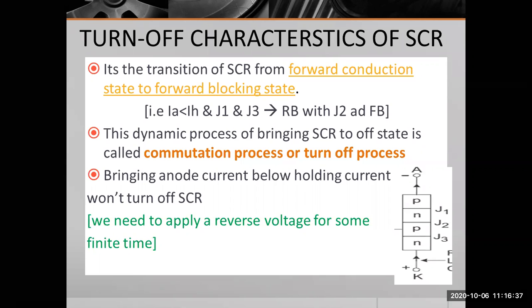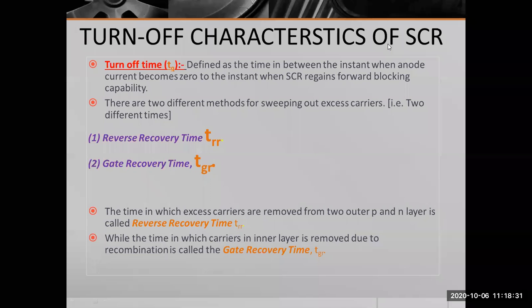That itself can turn off the SCR. So if you are giving an AC supply to the SCR, there is a possibility of 0 current, because at the time period pi and 2 pi there is a possibility of anode current being 0.